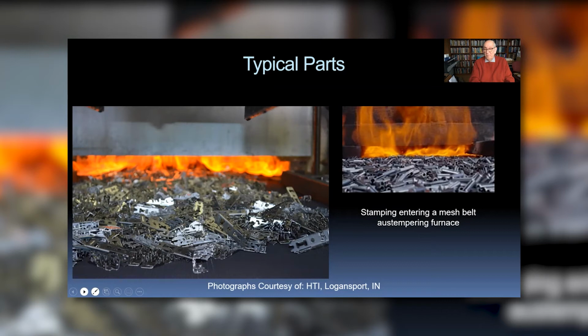All sorts of different types, shapes, and sizes of stampings. One thing you'll notice is that these parts are typically not single layer loaded. They're loaded perhaps 1 to 3 to 5 parts thick, somewhere between a half inch to about 2 or 3 inches thick as they're moving through this conveyor belt.